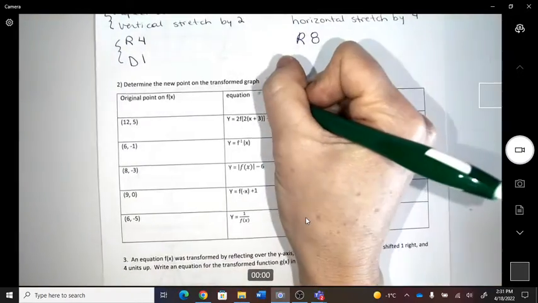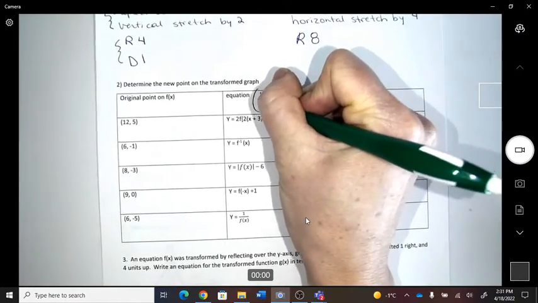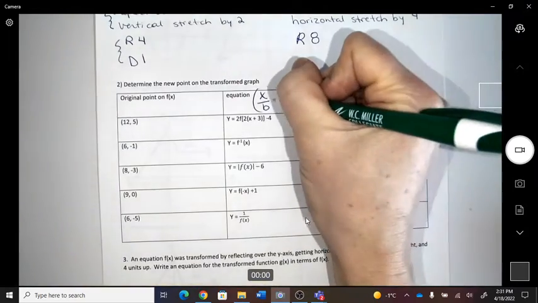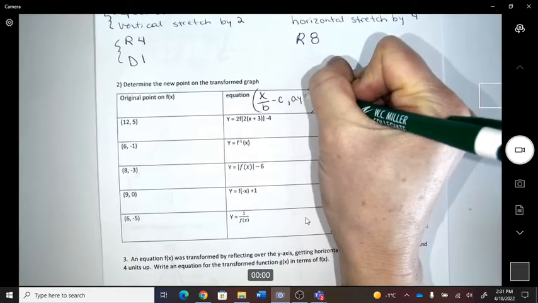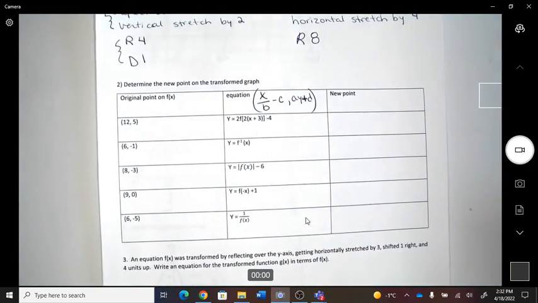Okay, so do you remember how to write this? You better have this memorized. X divided by B, subtract C, AY plus D. Right, do you have that memorized?